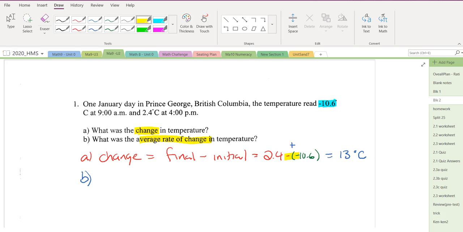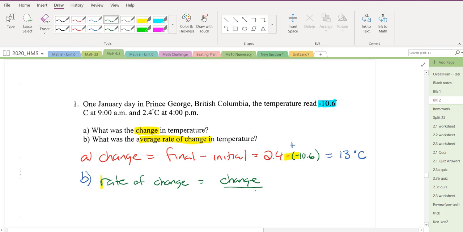Rate of change is always your change divided by the time it took for that change to occur. How long did it take? How long was your experiment? How long did it take you to walk down to Subway?